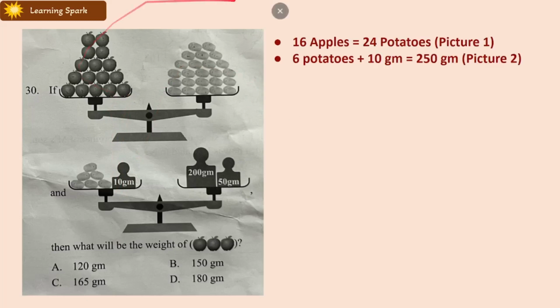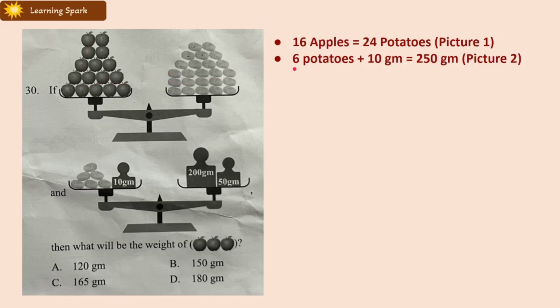Question number 30 is on the screen now. Let's solve this together now. So there are two diagrams given here. Picture 1 says 16 apples equals 24 potatoes. You can count them, 16 here, 24 here.